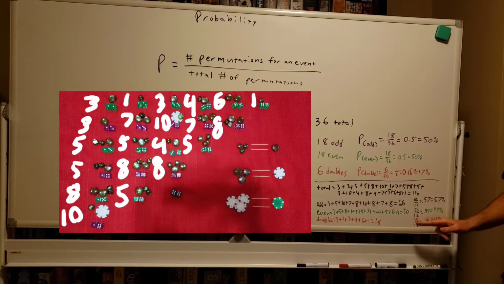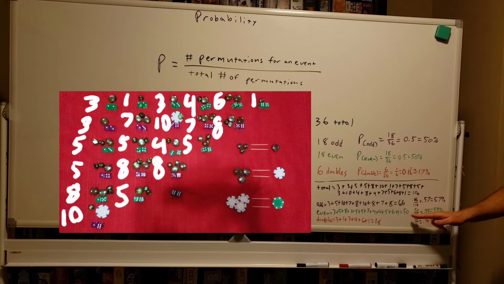So to find the fraction that were actually odd, 66 divided by 116, which is about 57%. The amount that were actually even, 50 divided by 116, is about 44%. And the amount that were doubles, 18 divided by 116, or roughly 16%.